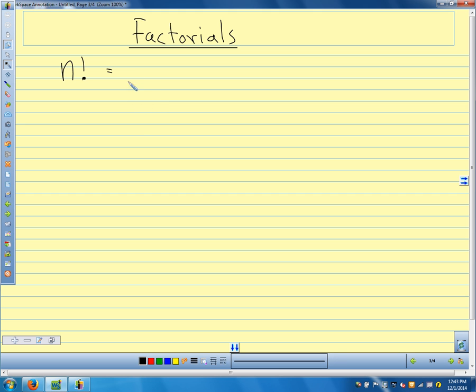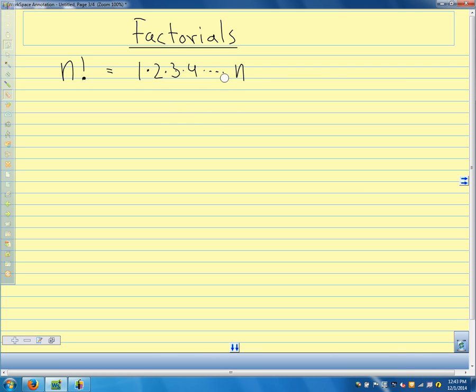We multiply all the numbers. The way I usually write it is 1 times 2 times 3 times 4, dot, dot, dot, all the way up to n. So we're multiplying all the numbers that come before n. This shows up a lot in a lot of sequences. And a special case, 0 factorial equals 1, always. Otherwise, things don't work out the way they should.